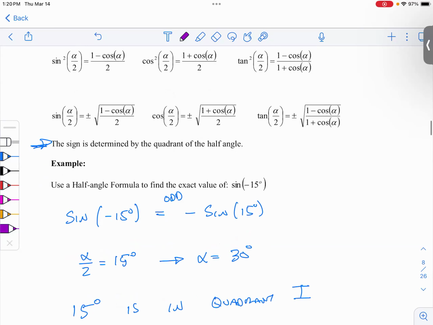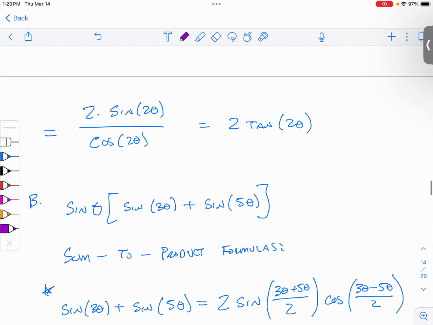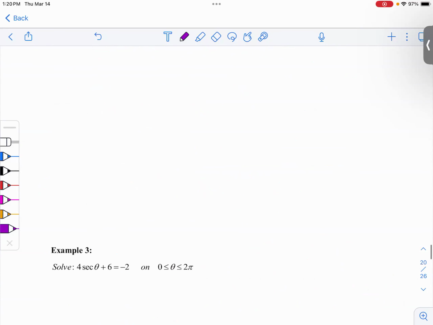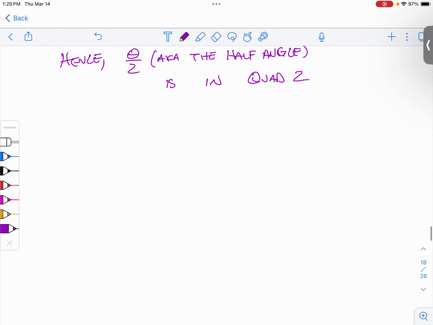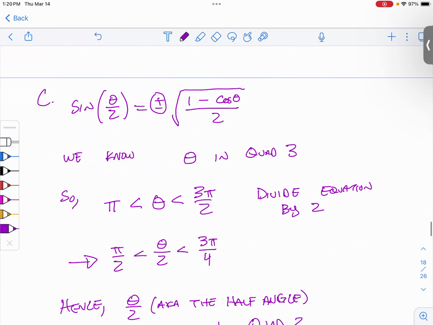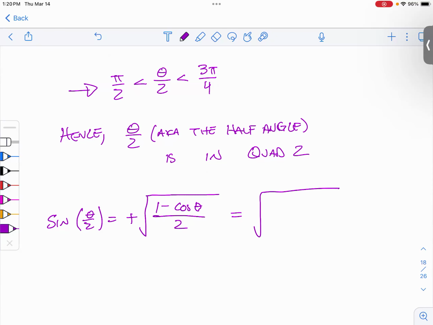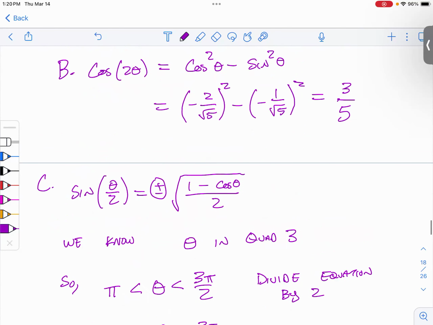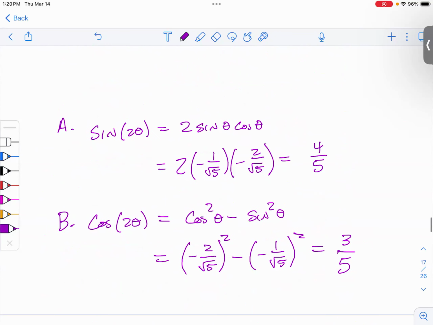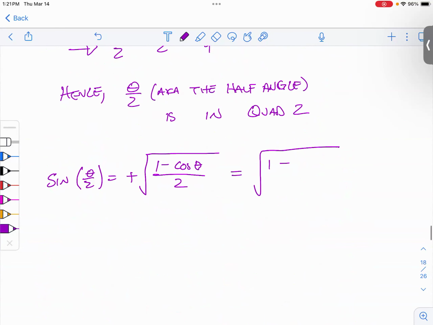The rest of it, we've already done by identifying our triangle. We already know what cosine is. It was 3/5. No. Negative 2 over root 5.